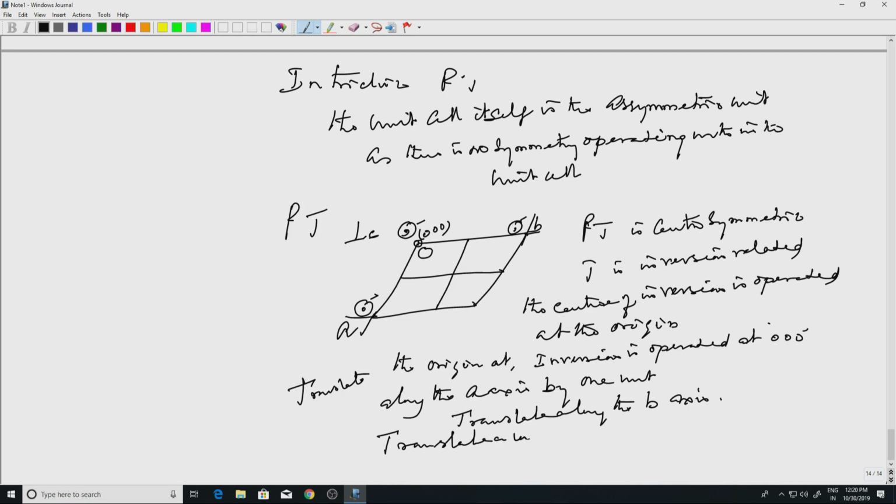Translate along A and B by 1 unit, it comes here.